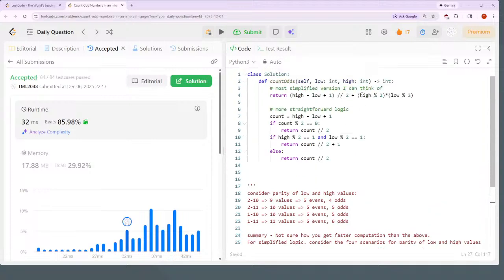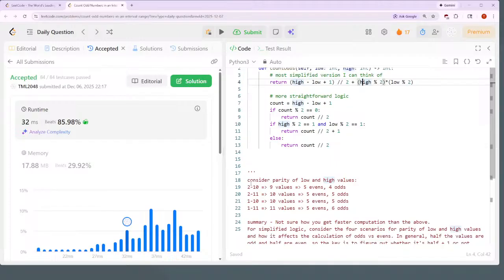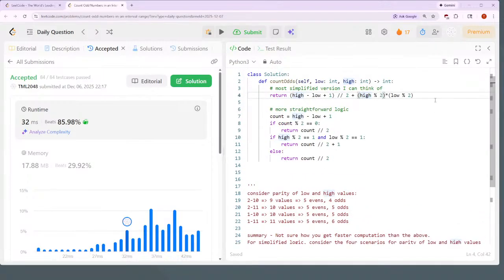So high mod 2 gives you 1 and low mod 2 gives you 1 if both the high and low values are odd. That multiplies to get 1. If it's any other combination like 0 and 1, 1 and 0, or 0 and 0, then the product is 0, so it's not going to give you plus 1. The only time you want plus 1 over the half rounded down version is when both the high and low values are odd. So it's just kind of an AND logic.